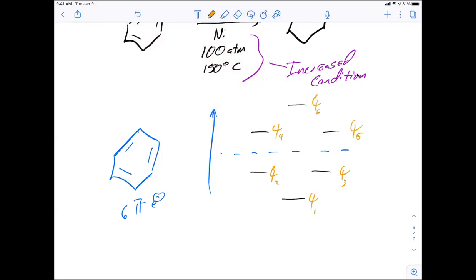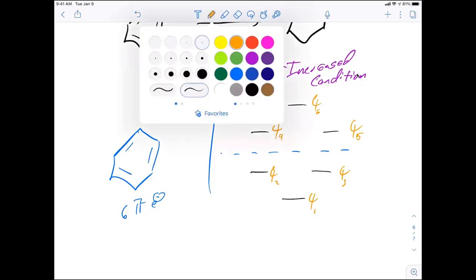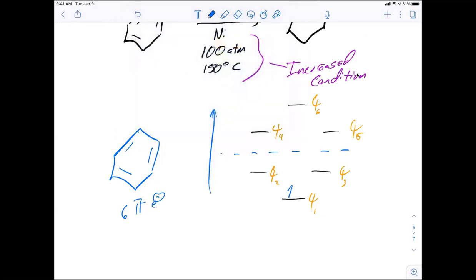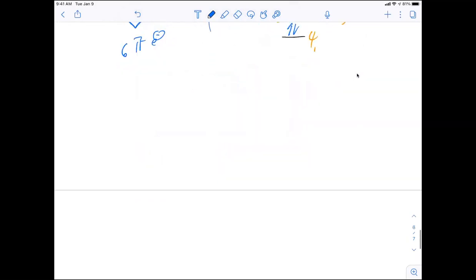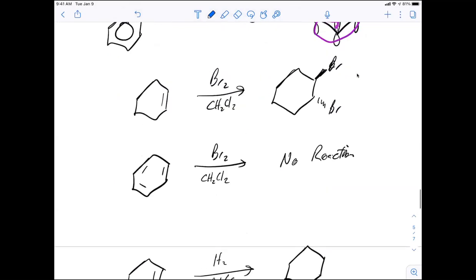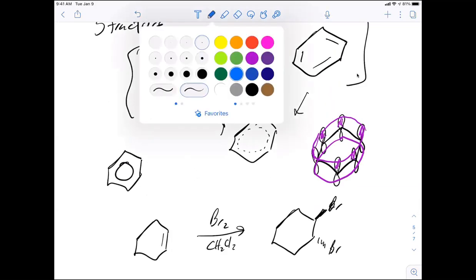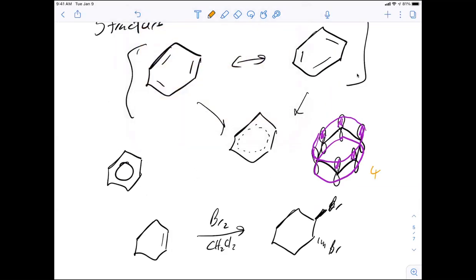Our 2 and 3 are divergent, same energy level. Our 4 and 5 are both the same energy level. When we fill in our electrons, we have 6 pi electrons. What we see is that we fill up these electrons. The psi 1, if we go back up to this drawing that I drew here, this is the psi 1, right?